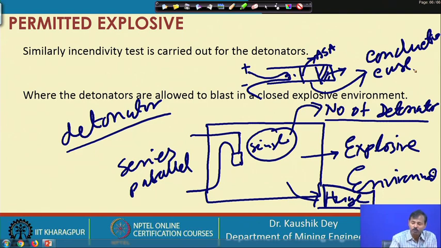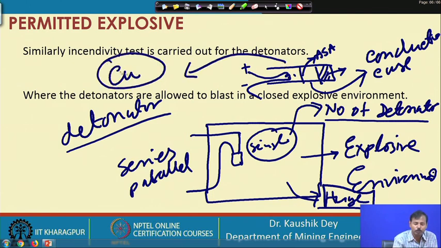Normally copper tubes are used as the conductive material, so that the heat generated by the initiation of the PETN or the azide is taken by the copper casing, and the heat reaching the flame is reduced enough.